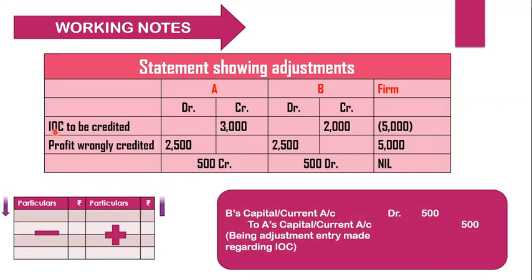Of course, it shows on the credit side. So IOC 3,000 and 2,000 will be given to partners as credit, and of course from the firm it is minus because the firm is paying it. Wrong profit will be debit. It is taken out from the partners, so debit, and 5,000 the firm will receive.